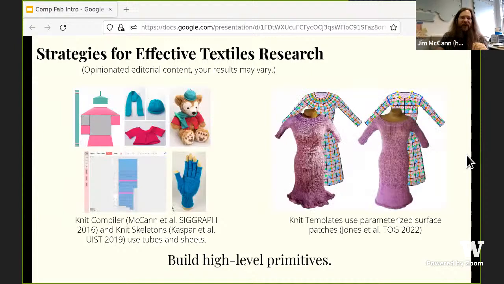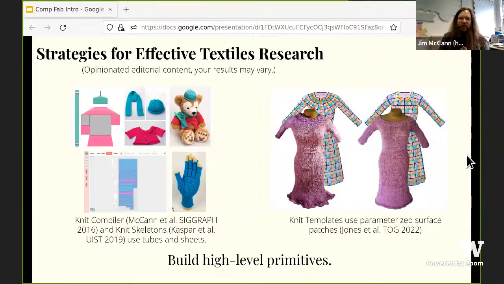Another strategy I'd like to highlight is building high-level primitives. This can be really effective because people can easily adjust the parameters of high-level primitives to get the results they want. So, for instance, in our knit compiler work, and then the knit skeletons work, which I see as sort of a spiritual follow-on that was done over at MIT, tubes and sheet primitives are provided that the users can adjust and connect to build complicated knit objects.